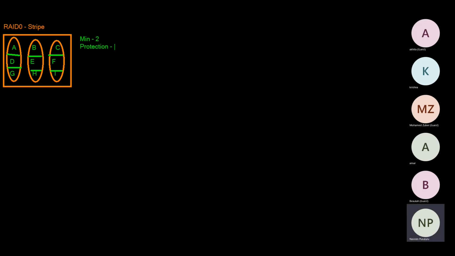Do we really have protection here? No, right? Because if we lose this disk, I mean this disk failed, then whatever data like A, D, G we have in the disk, we'll lose it.